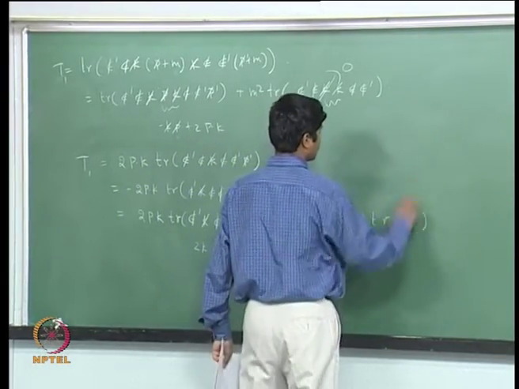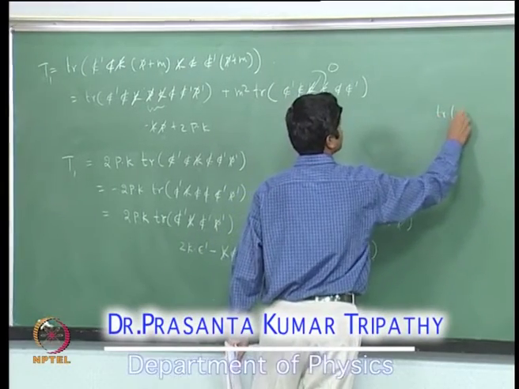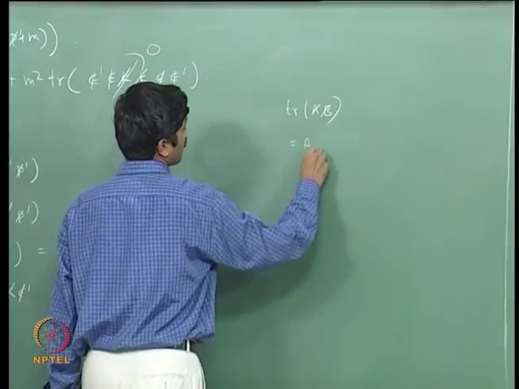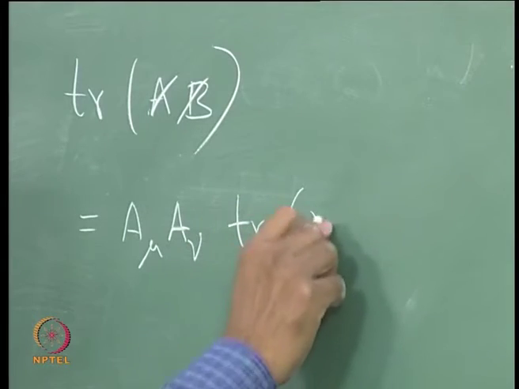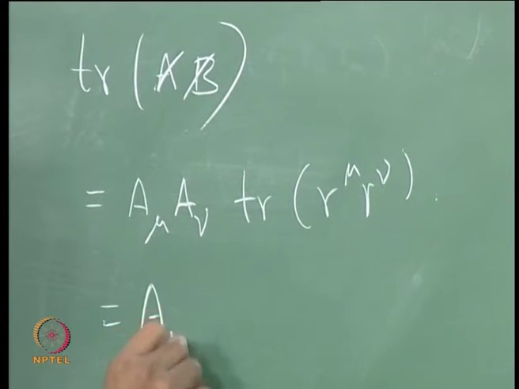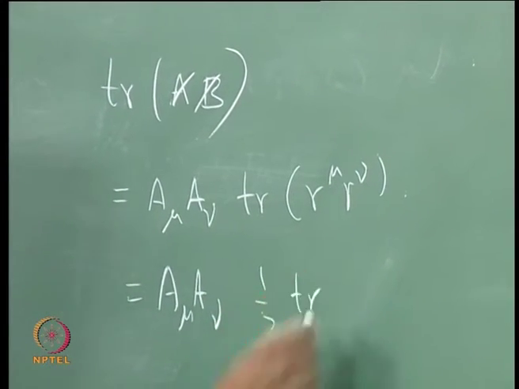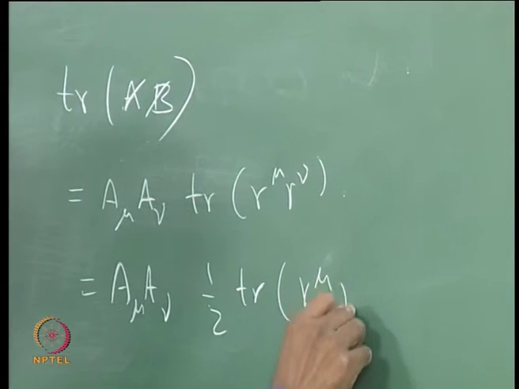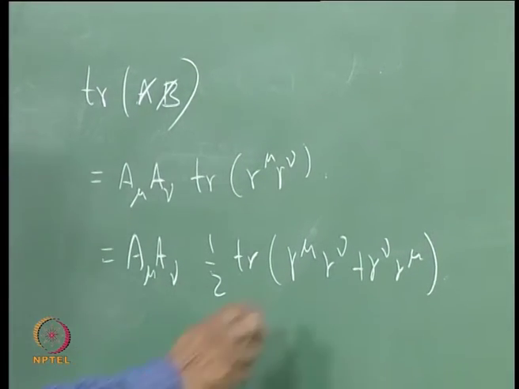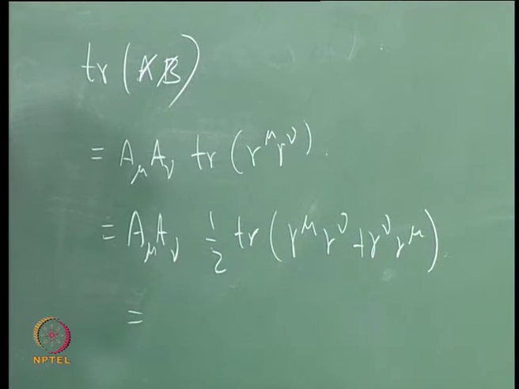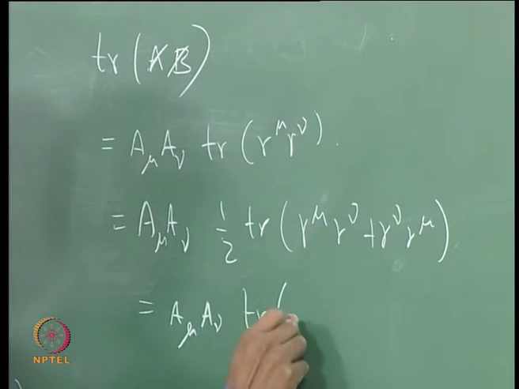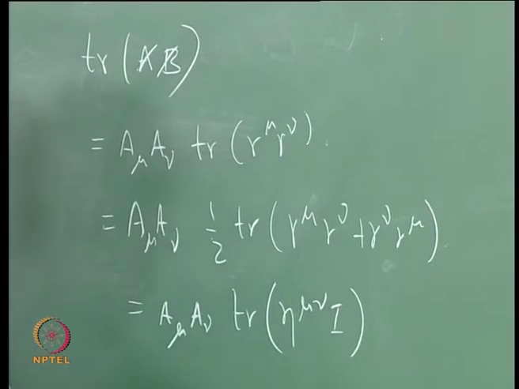Now, what is this? Let's compute trace of a slash b slash for any 2 operators. This is a mu b nu trace of gamma mu gamma nu, but this I can write as a mu b nu half times trace of gamma mu gamma nu plus gamma nu gamma mu. I will now use the relation that this is equal to twice eta mu nu. So, this is a mu b nu trace of eta mu nu times the identity operator.